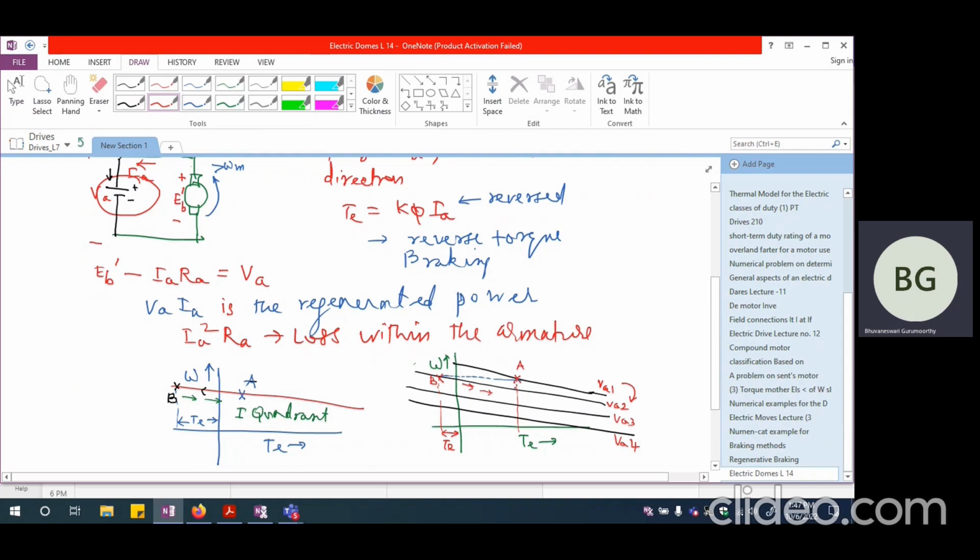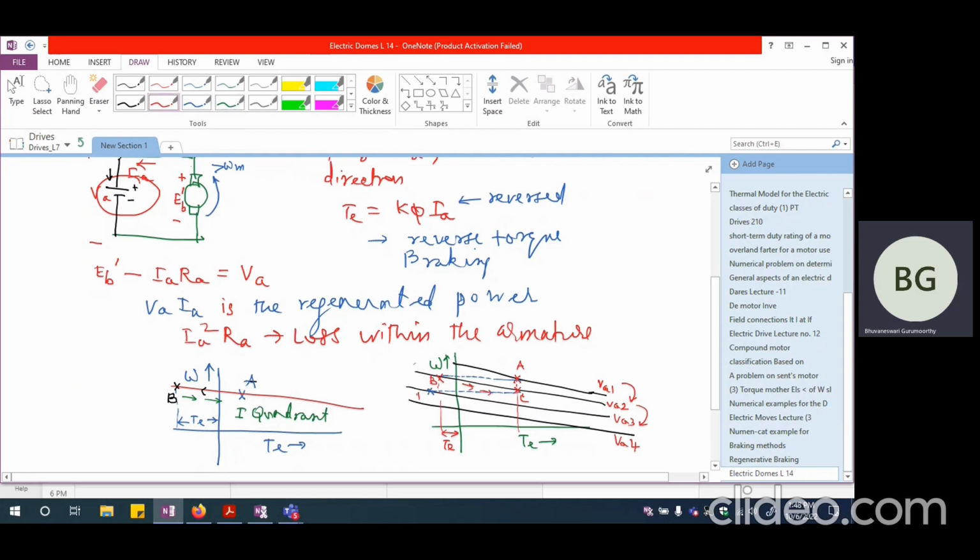And once it reaches, let us say, point C, then again I can reduce the voltage further to VA3. So I can look at what is the speed I'm going to achieve. If I drop a perpendicular to the speed axis here, it is going to reach point D now.